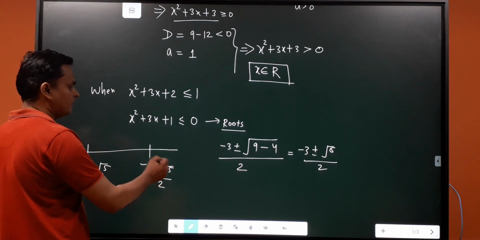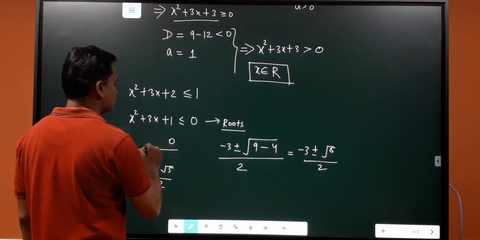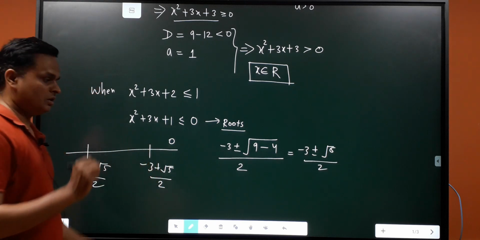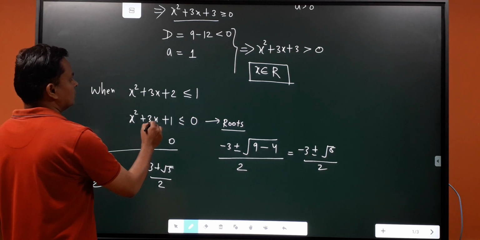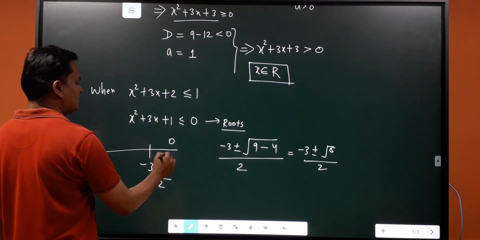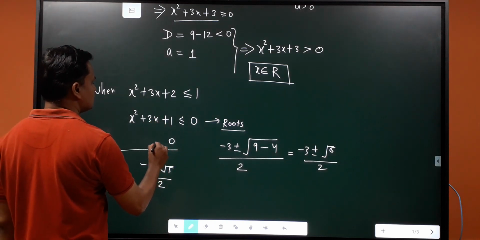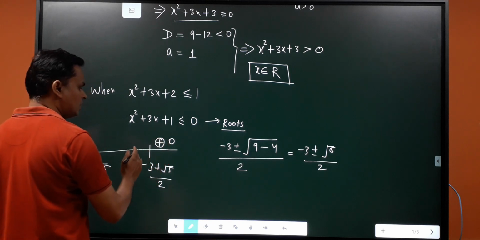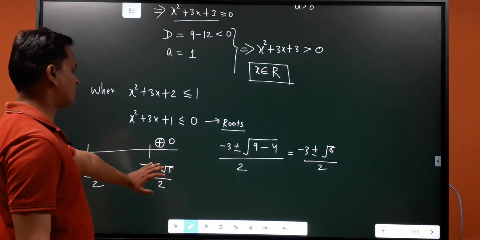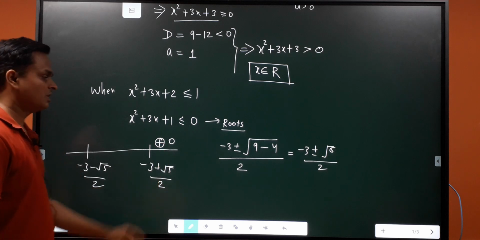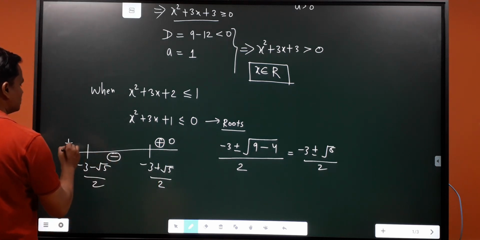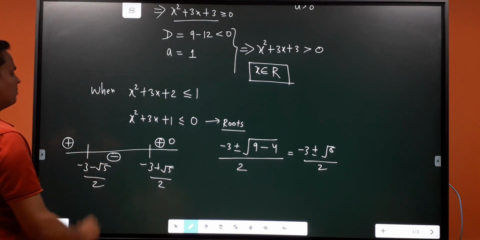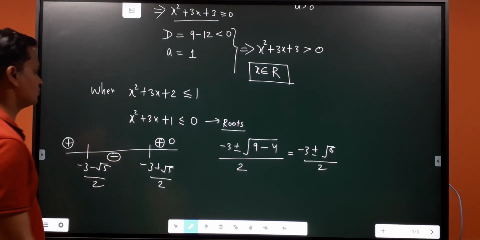This is also a negative quantity and 0 will lie on the right hand side of this particular number. If you put 0, 3 into 0 is 0 and plus 1, that means here the value of the function is positive. On the right side of this number the value of the function is positive. That means here it will be negative and here it will be positive, but we are interested in the negative part, where it is less than or equal to 0.